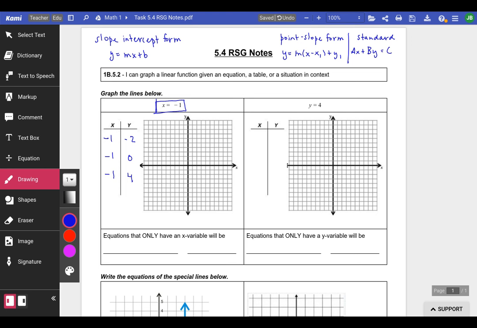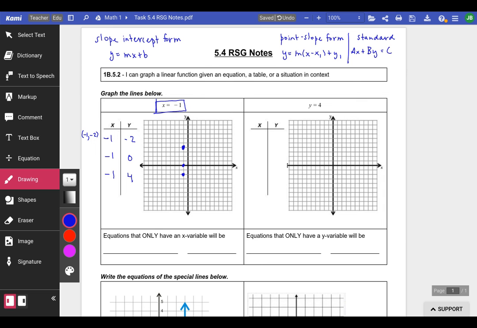So let's go ahead and plot these points. This first one would be (-1, -2). So if I plot that, it means I'm going to go to the left one and down 2. There's (-1, -2). (-1, 0) tells me to go left 1 and then stop. And then (-1, 4) says left 1 and up 4.